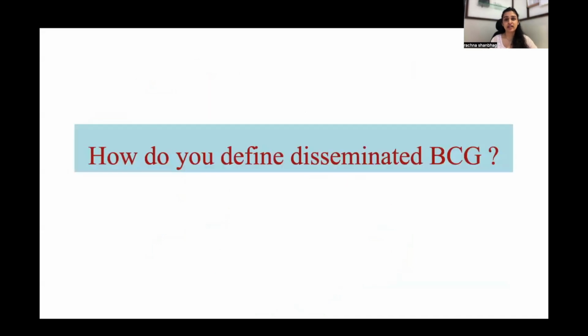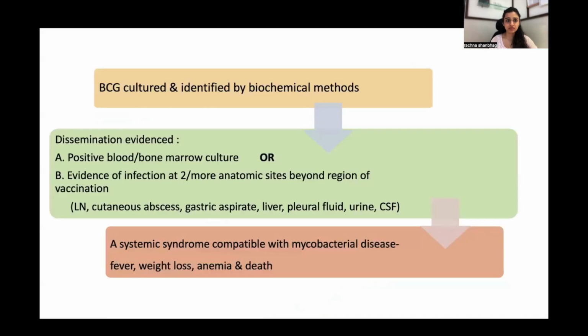So how do we define disseminated BCG? The first criteria includes BCG should be cultured and identified by biochemical methods. Second, there has to be evidence of dissemination either in the form of a positive blood or a bone marrow culture, or presence of dissemination or infection at 2 or more anatomic sites away from the site of vaccination.